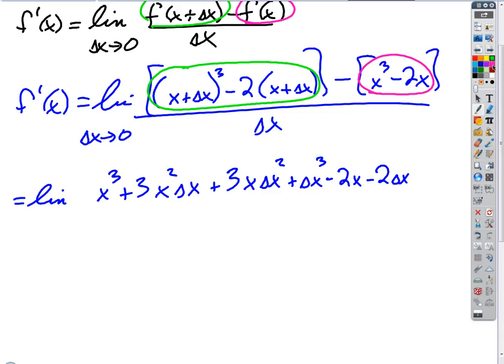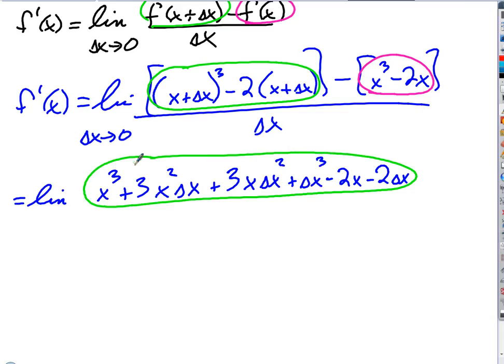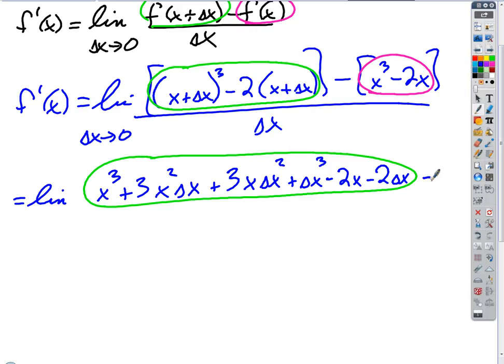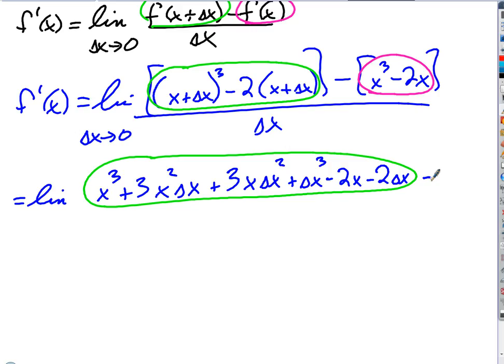So there's that part. Okay, it's just that one quotient.